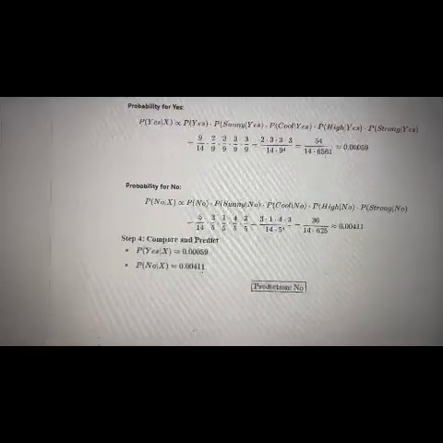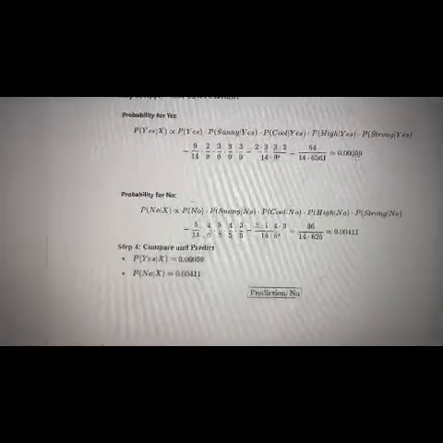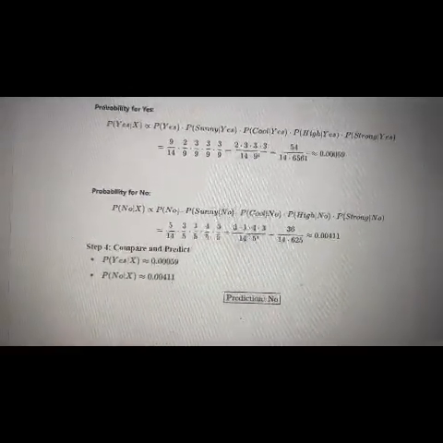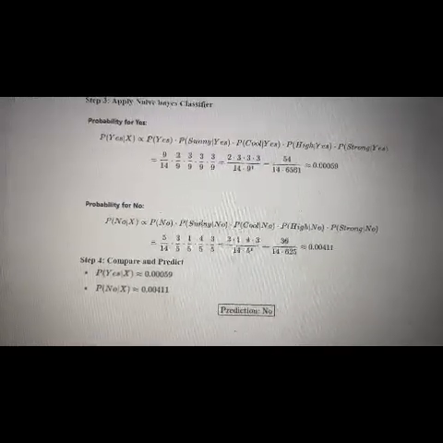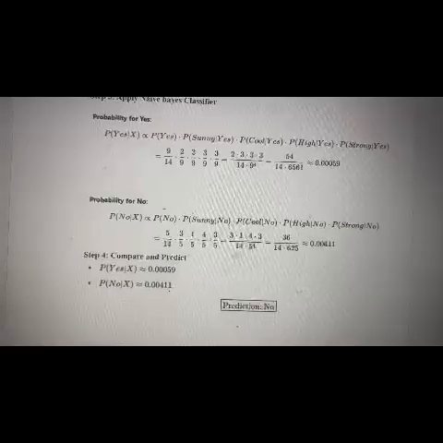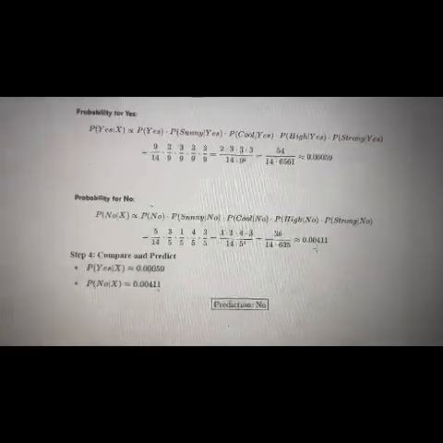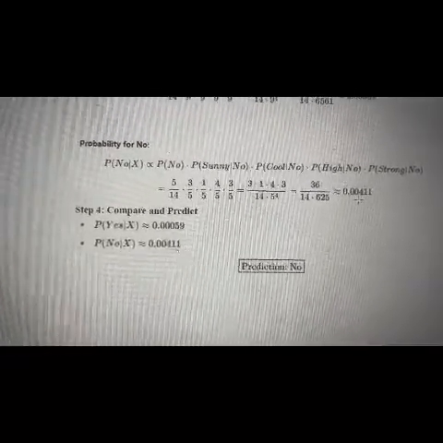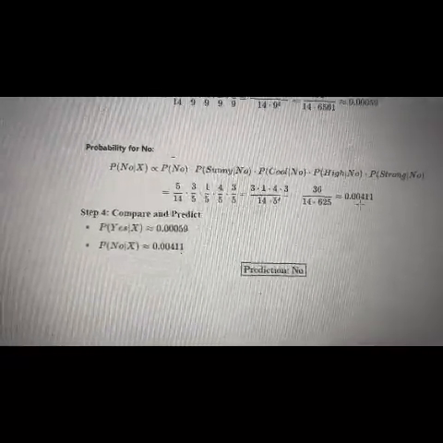When you multiply all of this, you will get a probability of yes approximately equal to 0.00059. Now the probability of no is obtained in a similar way. P(no) times the probabilities of the different attributes for no. That is approximately equal to 0.00411.